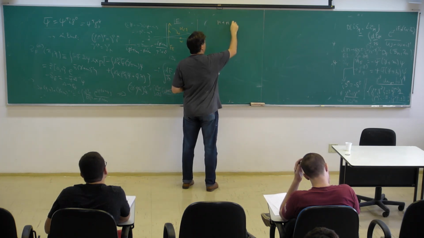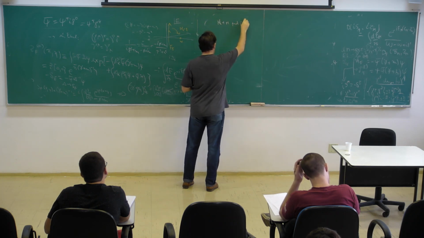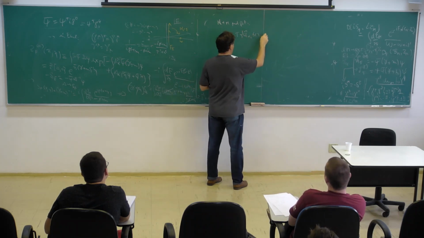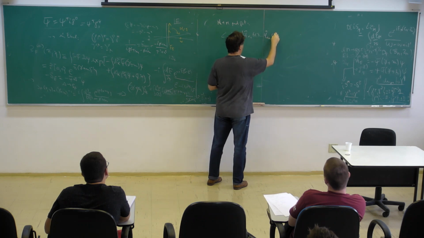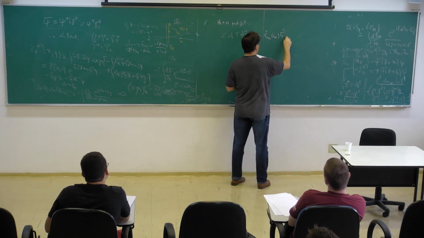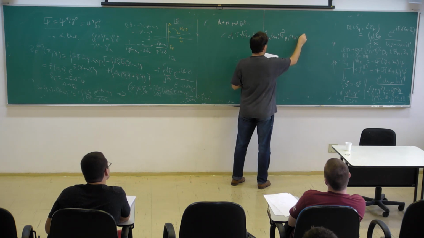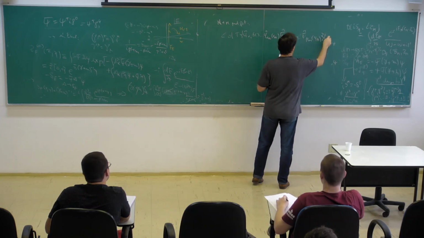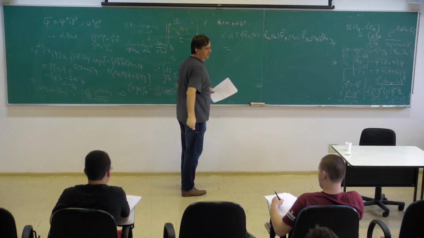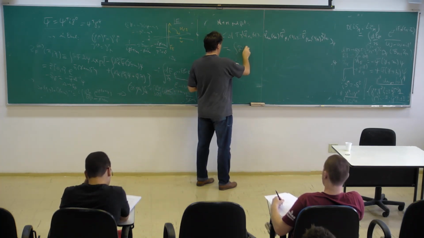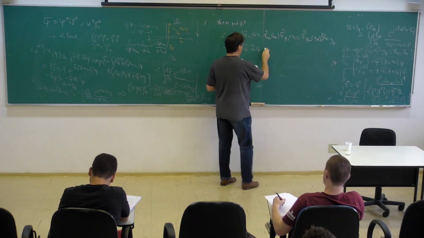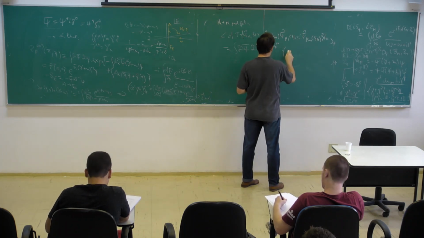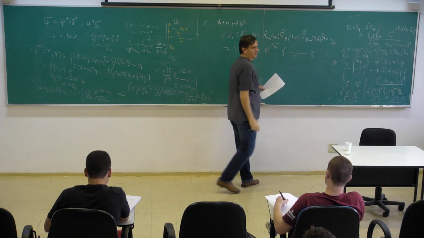General n-point function with psi and psi bars will be, as before, written as a path integral, d psi bar d psi, times e to the i times the fermionic action, but with the same insertion, right?